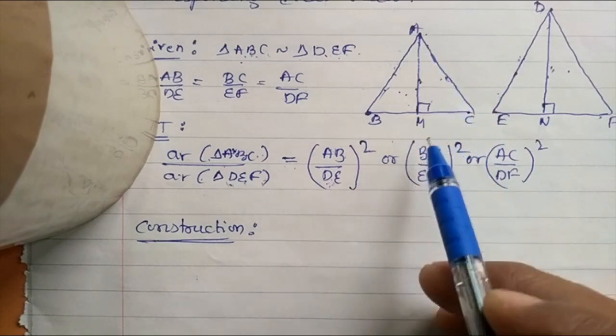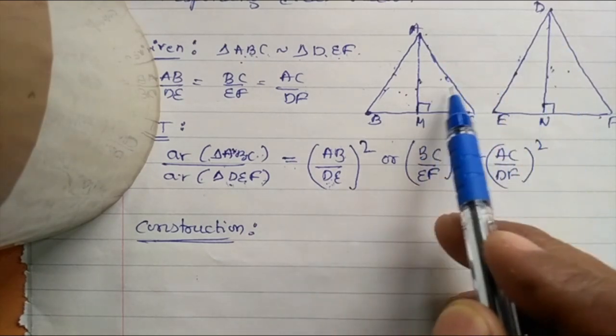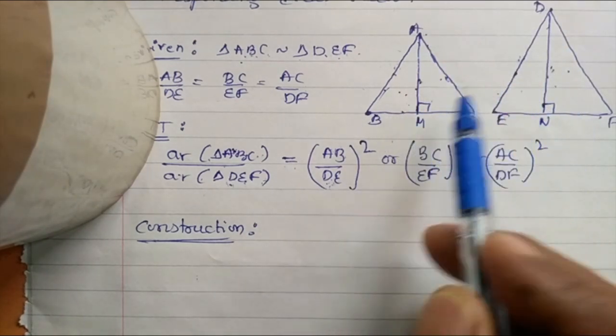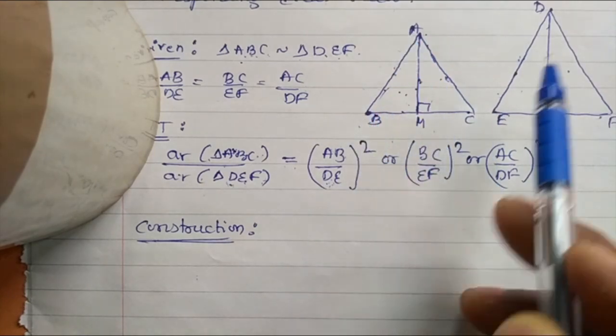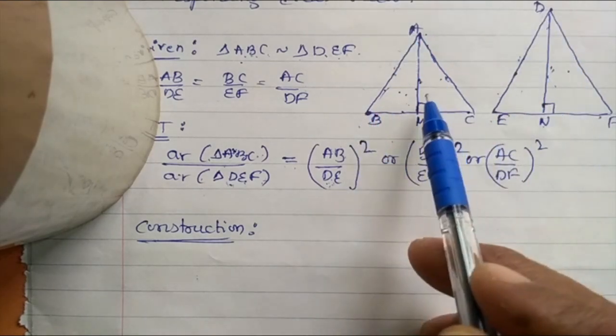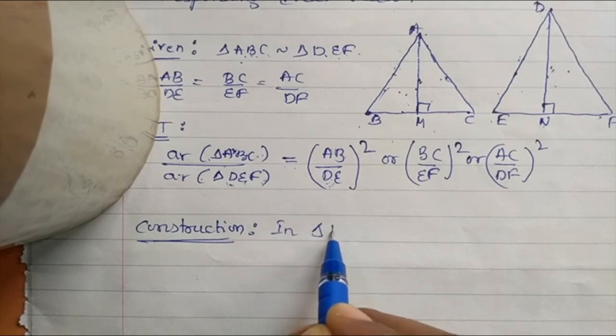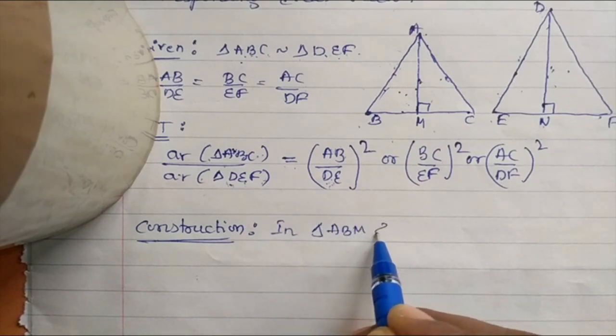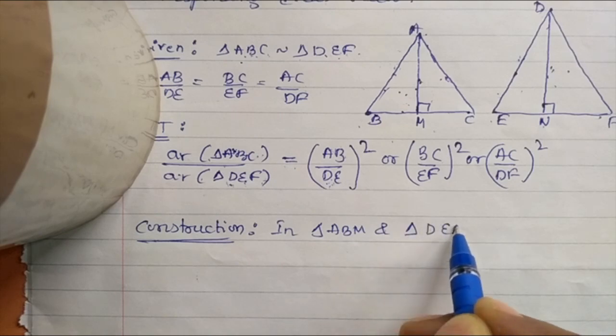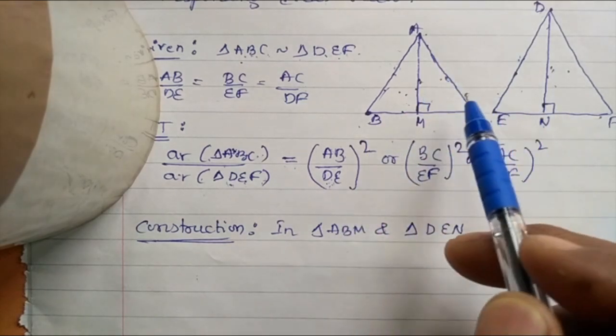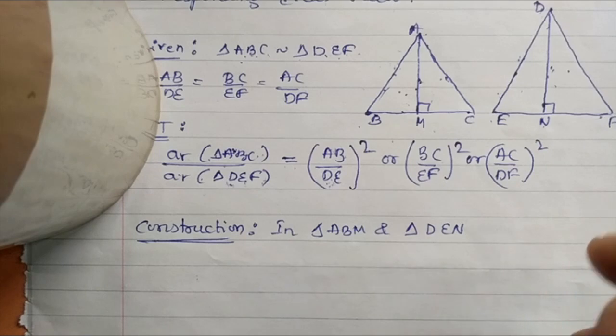First, after constructing the two perpendiculars, we got two smaller triangles, right? ABM and DEN. So these two small triangles, select now. In triangle ABM and triangle DEN, look at which are the two triangles after drawing the perpendicular.